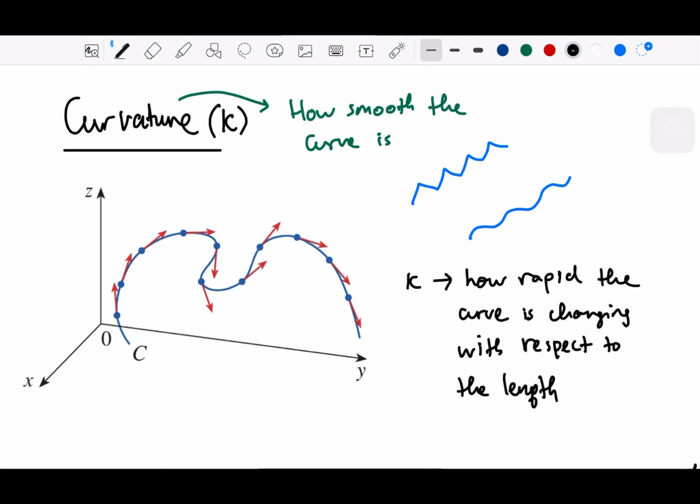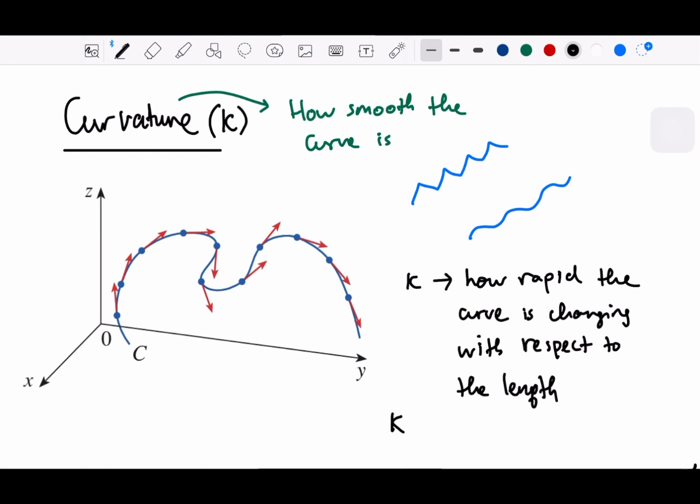We know the curve is changing through this red line, right? But to know whether it is smooth or not, we need to take the ratio between this tangent and its length. So we can define and write the formula.